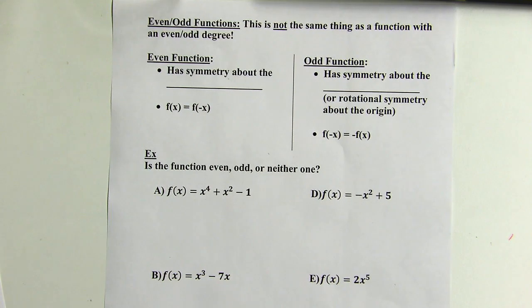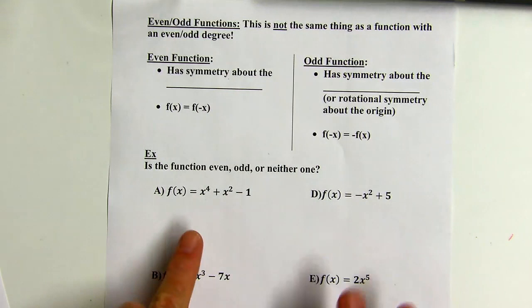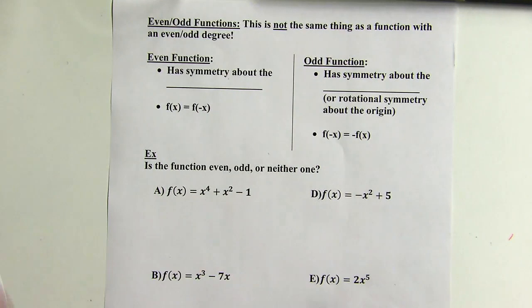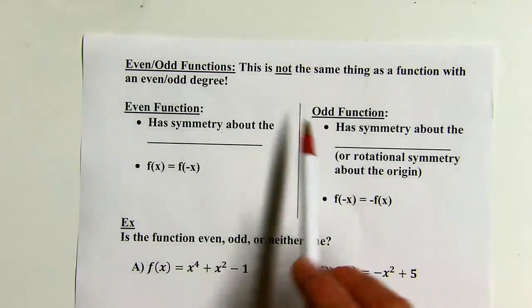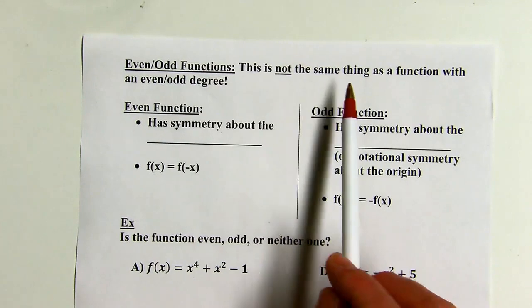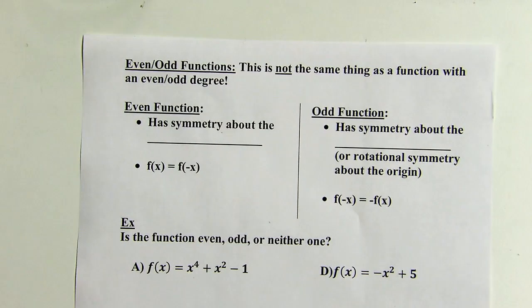That works sometimes, but not all of the time. So the degree of the equation isn't actually telling you if it's an even or odd function, okay? Even and odd functions are not the same thing as a function with an even and odd degree. Unfortunately it's confusing like that, but that's how it is, okay?